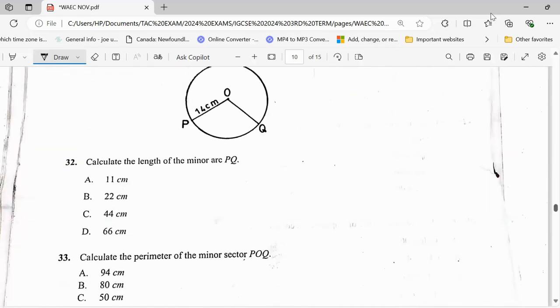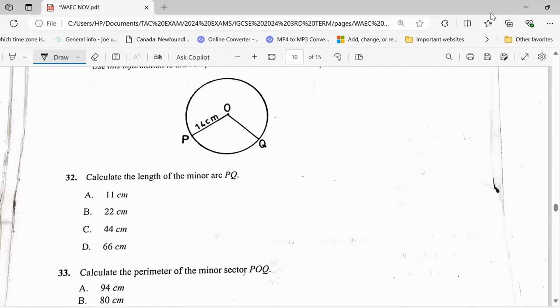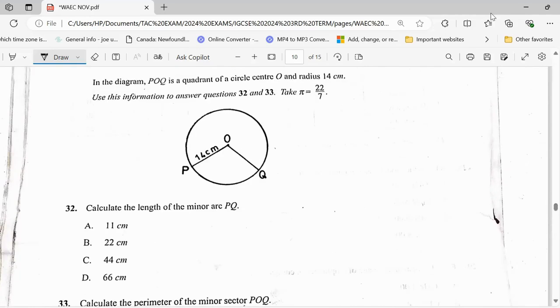Question number 32, we have this circle here. Let's get the information. It says in the diagram, POQ, which we have here, is a quadrant of a circle center O and radius 14 centimeters.